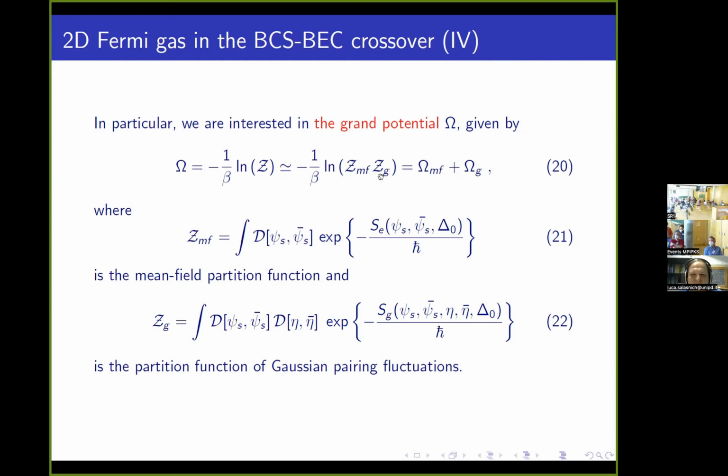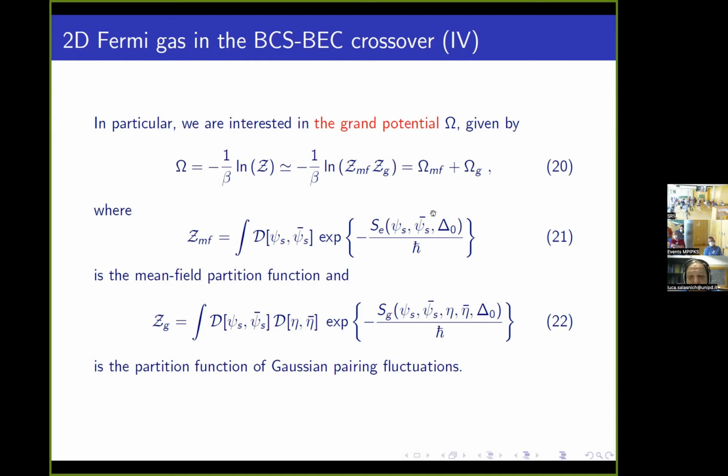Now, in general, here we are working at the one loop level, namely we include mean field plus Gaussian fluctuations. And the grand potential will be the sum of two contributions, the mean field one and the one due to the Gaussian fluctuations.